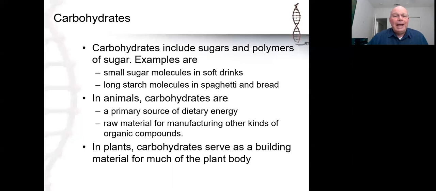And the reality is that if we don't take in carbohydrate, our body will preferentially try and create carbohydrate from some of the raw materials that we take in the other forms. It doesn't do it very effectively, it doesn't do it very efficiently, and it is not its preferred way of getting carbohydrate.